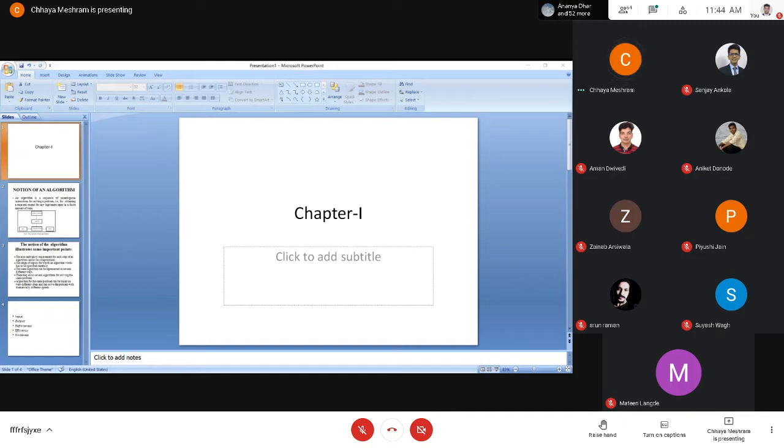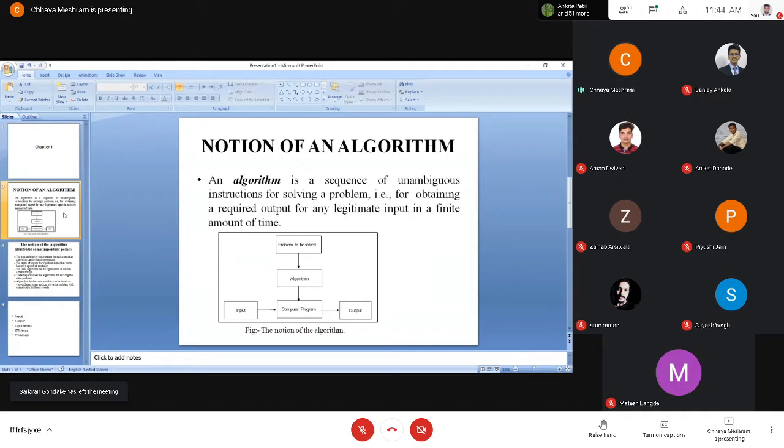An algorithm is a sequence of unambiguous instructions for solving a problem, that is, for obtaining a required output for any input in a finite amount of time.